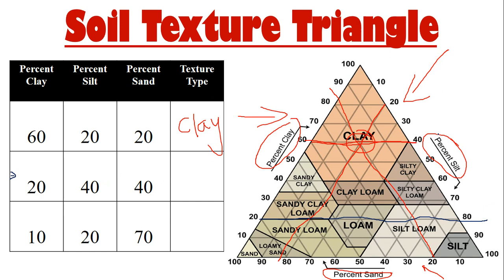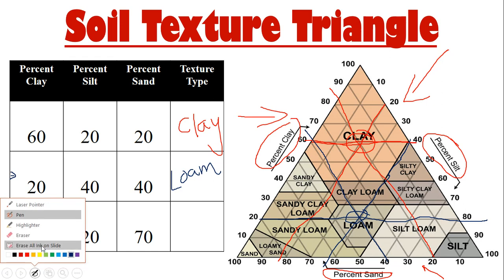Then silt, 40. Come on the silt side, go from top to bottom, find 40, draw a line down. And then the last one, sand, right to left at the bottom, we find 40, draw a line up, and we look where all three intersect. They intersect right here, and this is loam.